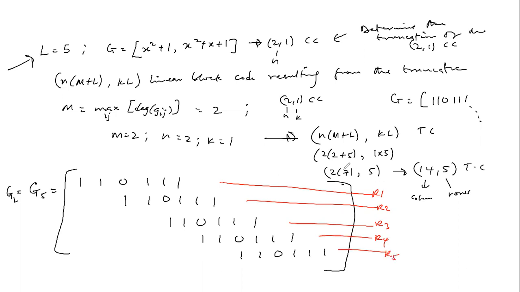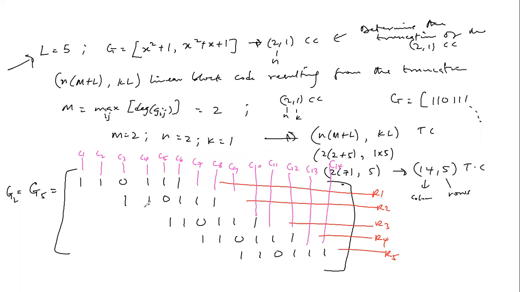Perfect. So do we have 14 columns? So let us check. Column 1, column 2, column 3, column 4, column 5, column 6, column 7, column 8, column 9, column 10, column 11, column 12, column 13, then column 14.